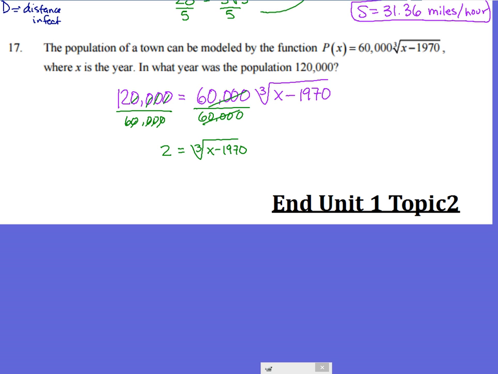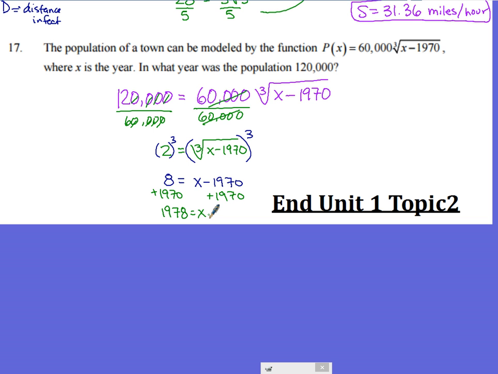Our next step, to undo a cube root, we're going to cube. 2 to the third is 8 equals, this undoes that, and everything inside drops down, x minus 1970. Last step, we're going to add 1970 to both sides. Our final answer, 1978 equals x.